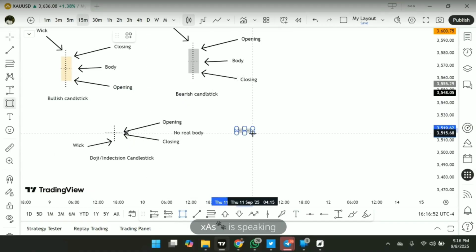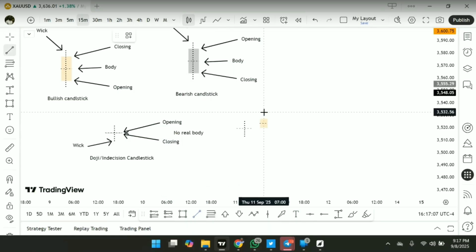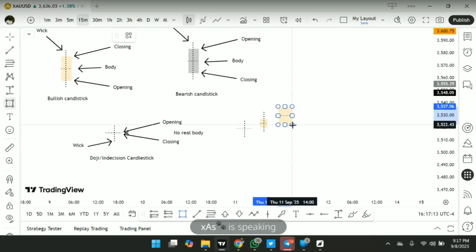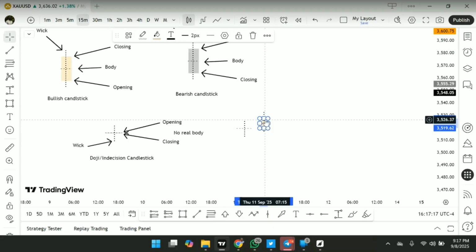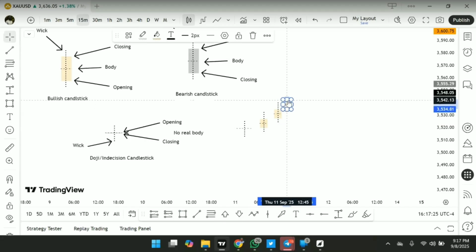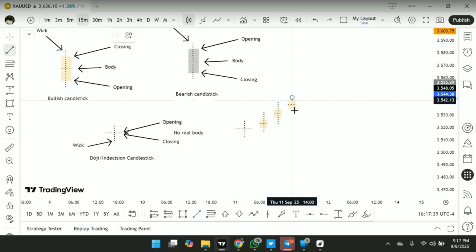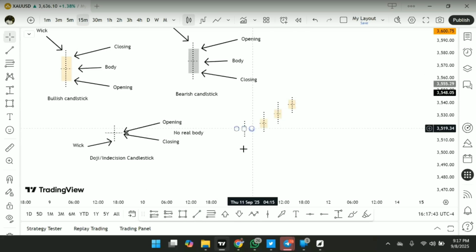We have a doji like this, then we have a bullish candlestick, another bullish candlestick, and then another bullish candlestick. Now, looking at this structure, there is what we call momentum.